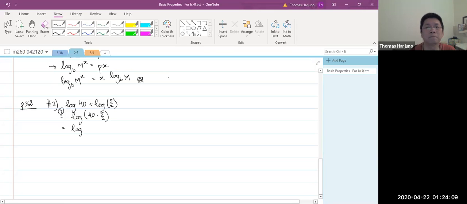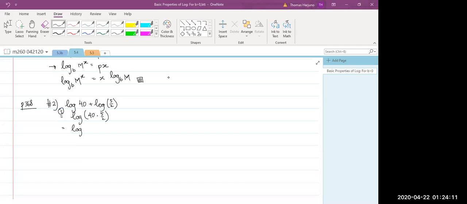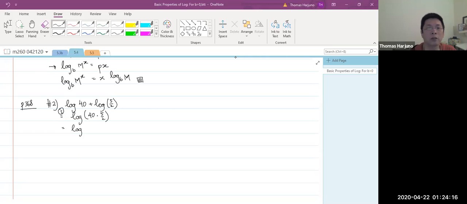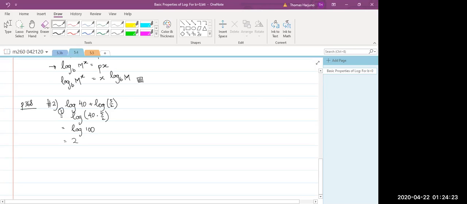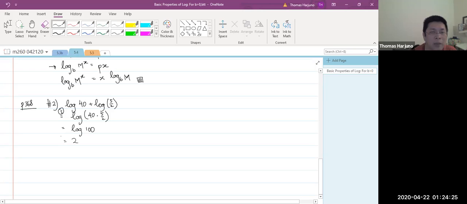What's that? 10. 20 times 5, 100. And log 100 is equal to 2. So from the last step, I basically used basic property number 3, because I see log 100 as log base 10 of 10 squared, right? Now that's for number 2.